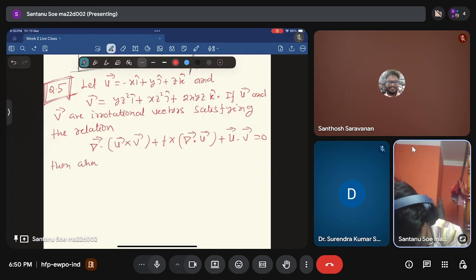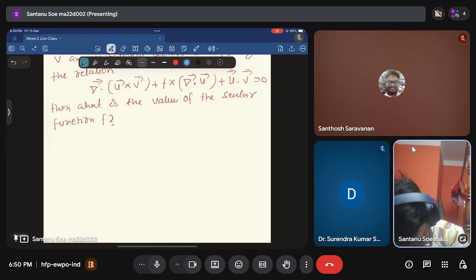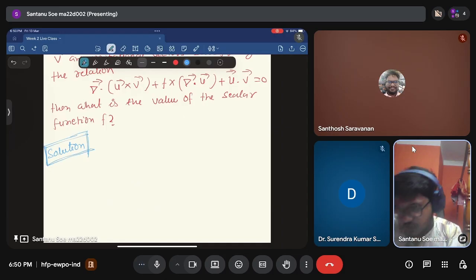Then what is the value of the scalar function f? So now you guys can give a try if you want to solve.